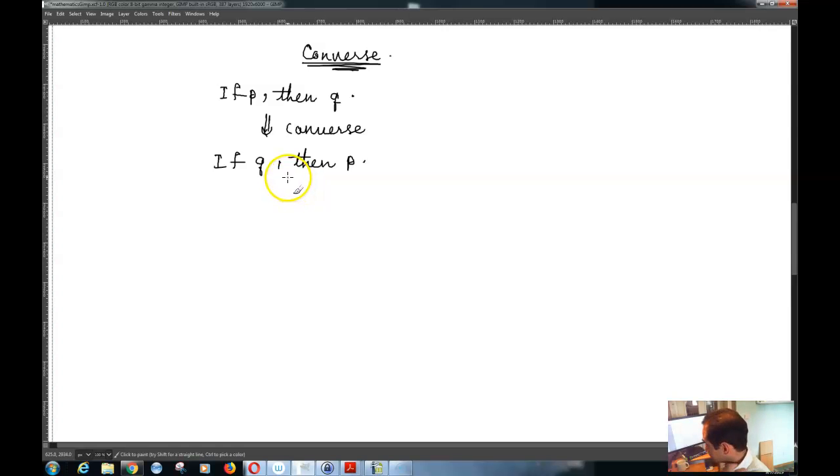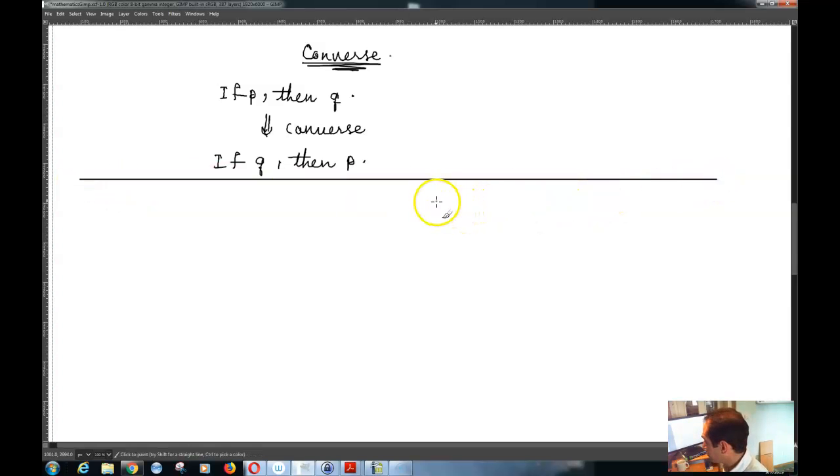So for example, if you have this statement: if a number is divisible by 10, it is divisible by 5.